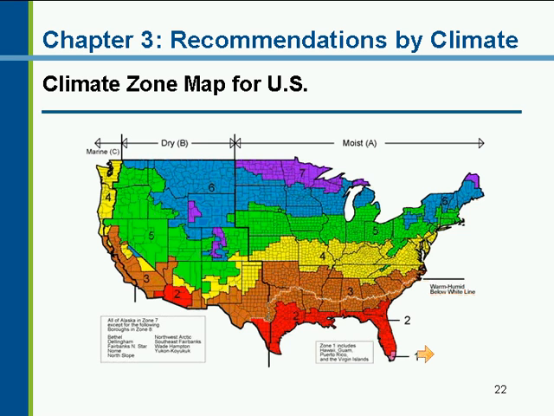Climate zone 7 is the very northern portions of the Midwest, the northern tip of Maine, some places in the high Rockies. Climate zone 7 also includes the southern half of Alaska. And then climate zone 8 is the northern half of Alaska. So take a look at this, get a sense of where your particular city falls, so as we go through some of these tables, you'll know which table applies to you.